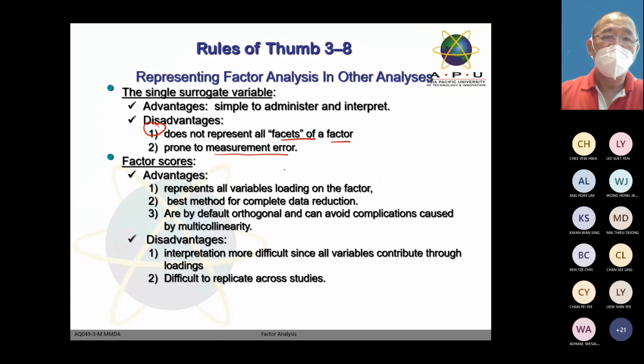The second is the factor score. The advantage compared to the previous one is that the factor score is better because it can represent all the variable loadings on the factor. Let's say the factor has three variables, we take all of them, so we consider all the variables in the calculation of the factor score.